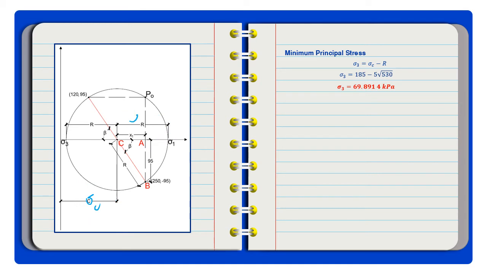So, sigma 1 is equal to sigma c plus r. Then sigma 1 is equal to 185 plus 5 square root of 530. Calculating that one, it will be a value equivalent to sigma 1 is equal to 300.1086 kilopascal. So now we have the maximum principal stress of our given point.